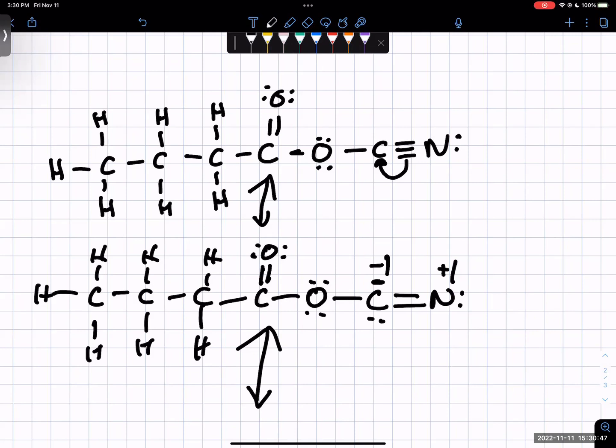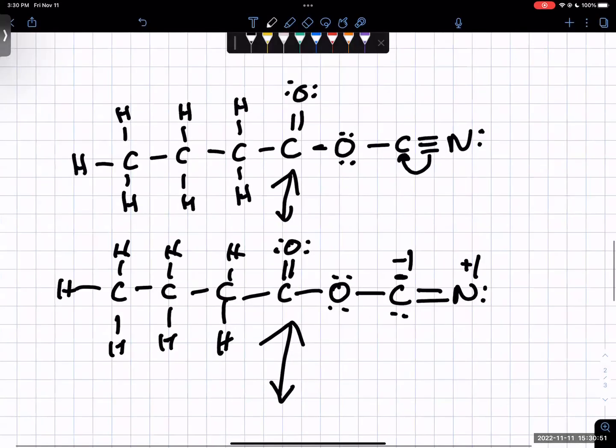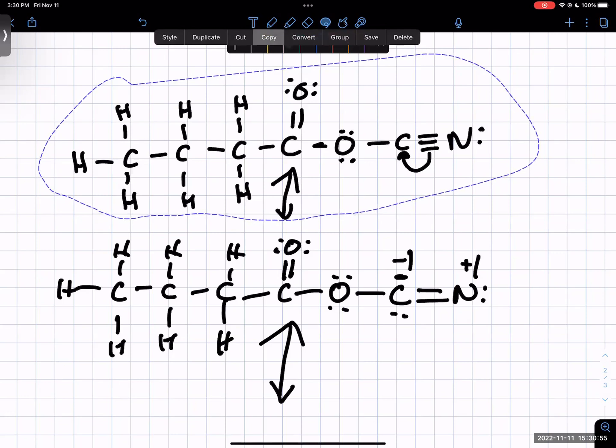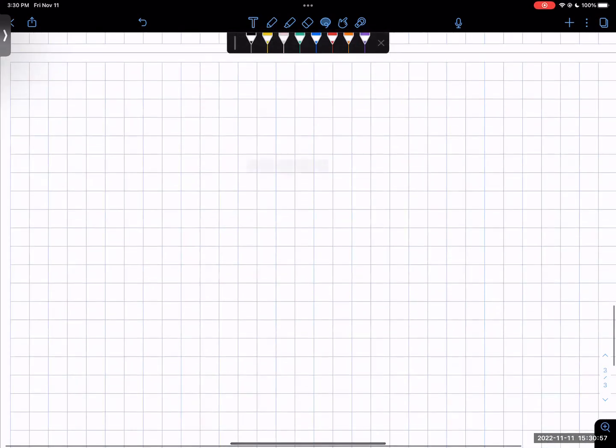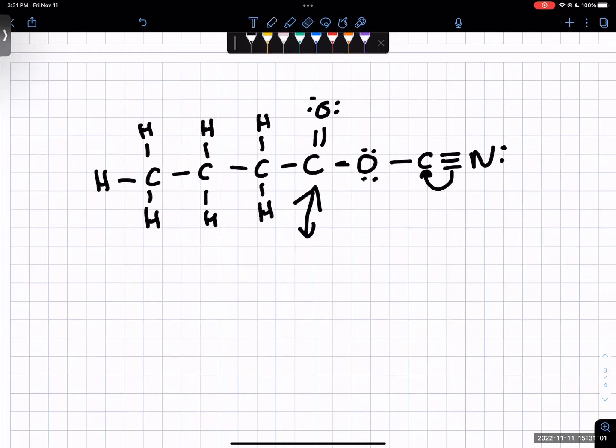Okay. So another resonance structure you could have done is something like this. So we're going to copy, paste. Let's erase these arrows.